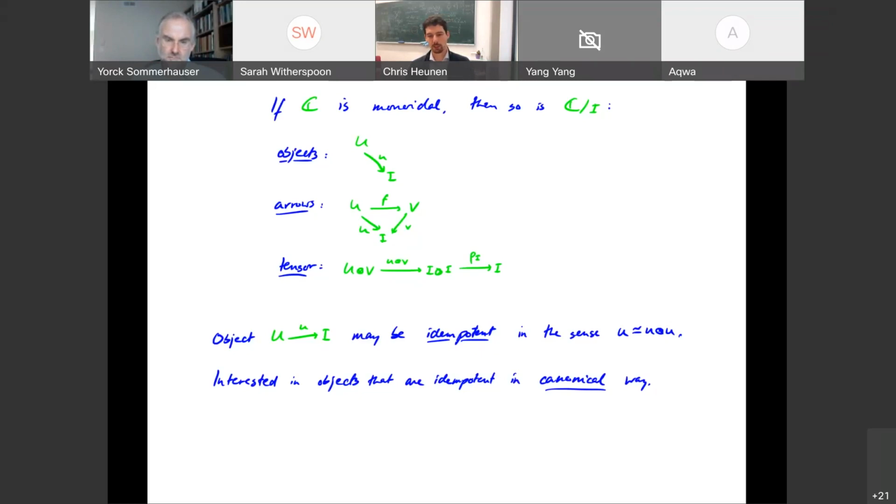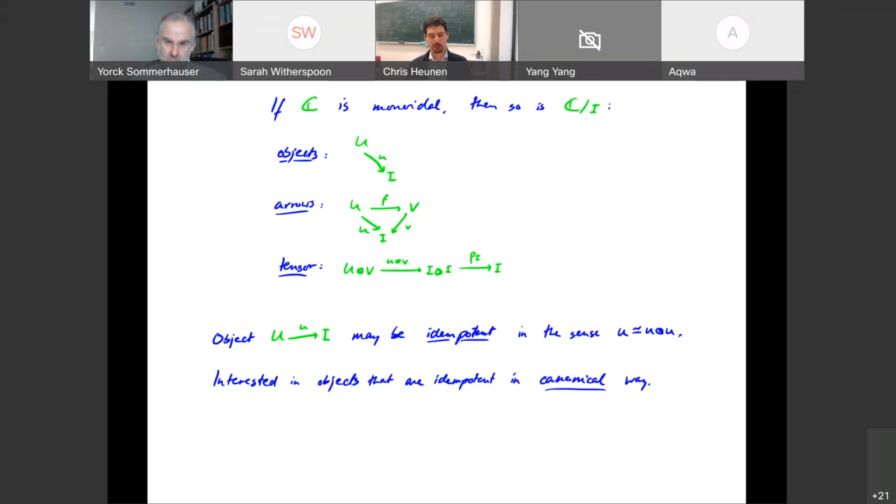That lands me in I tensor I, and with the right unitor, I can change that into one copy of I. So now I've built a map from something into I. And you can do the same for morphisms, and that gives a well-defined monoidal category. So just to summarize this a little bit, if C is a monoidal category, then I can build a new one. That's the slice category of maps into the tensor unit.